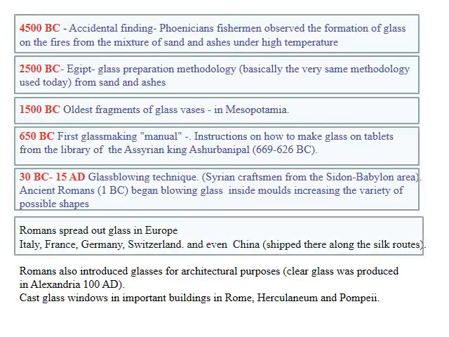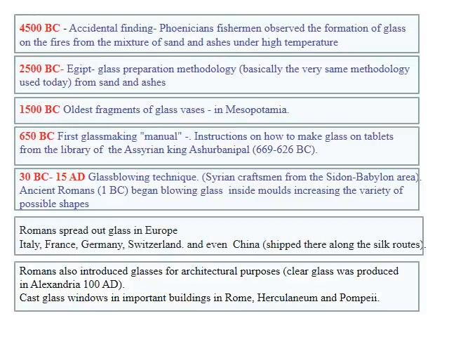After that, Romans spread glass in Europe, Italy, France, Germany, Switzerland, and even China, shipped there along the Silk Roads. Romans also introduced glass for architectural purposes. Clear glass was produced in Alexandria in 100 AD. Cast glass windows in important buildings are found in Rome, Herculaneum, and Pompeii.